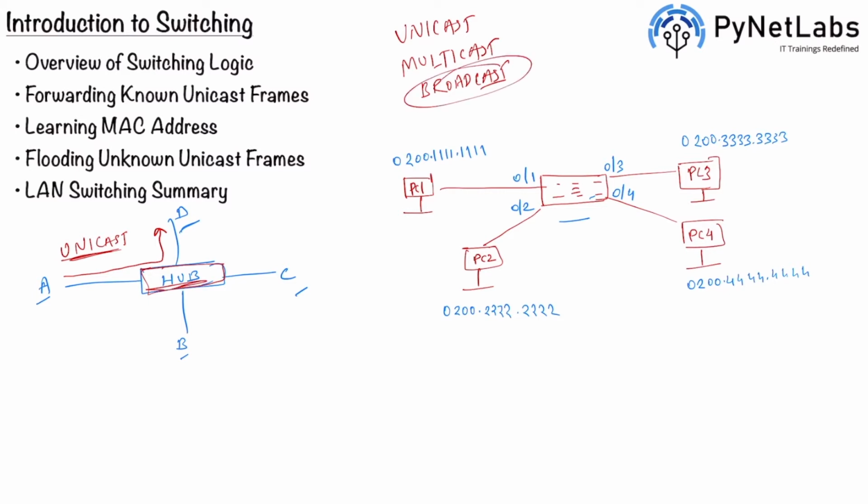It couldn't do unicast and it couldn't do multicast. Then the switch came up, and the switch could do all these network communications altogether. The problem with the hub was it didn't maintain anything like a MAC table.